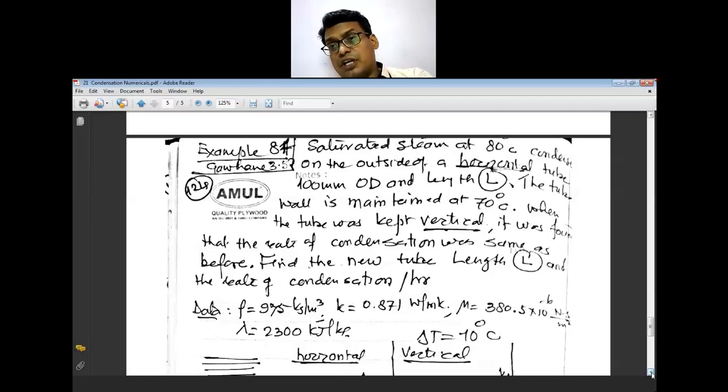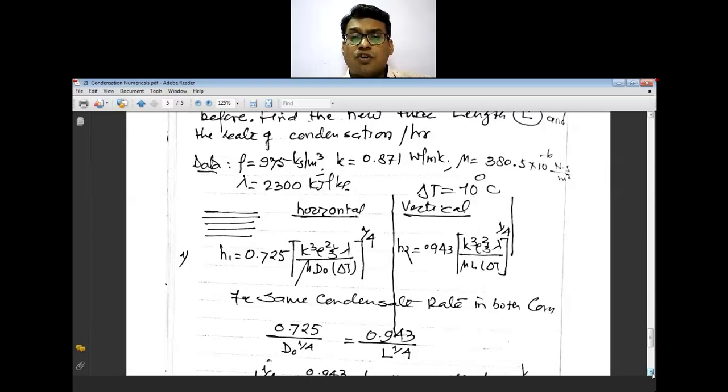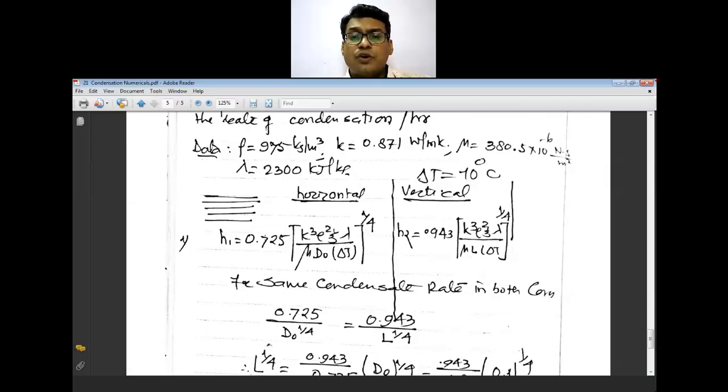Now initially it was horizontal and you are making it vertical. So you need basic formulas of the horizontal and the vertical. When it's horizontal, it is 0.725 and this is DO. When it's vertical, that is 0.943 into the L, vertical length that will be counted.